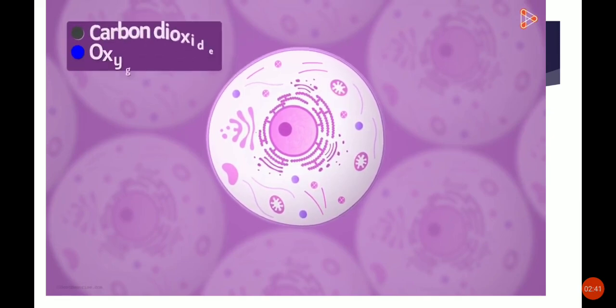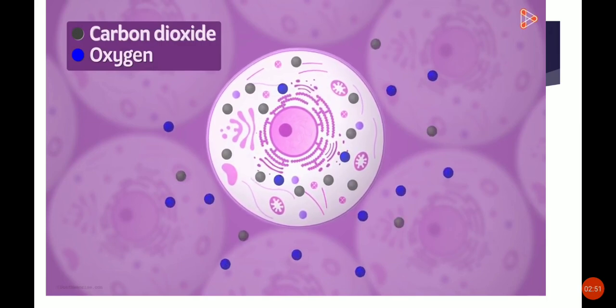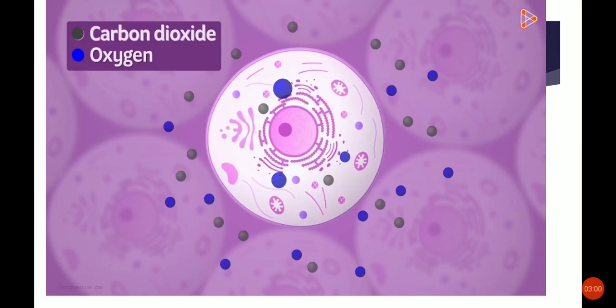Take carbon dioxide for example. When cells undergo cellular respiration, a lot of carbon dioxide accumulates in the cell. On the other hand, there is very little carbon dioxide present outside the cells. Hence, the carbon dioxide molecules move outside the cells. Now, there is very little oxygen left after respiration in the cells.